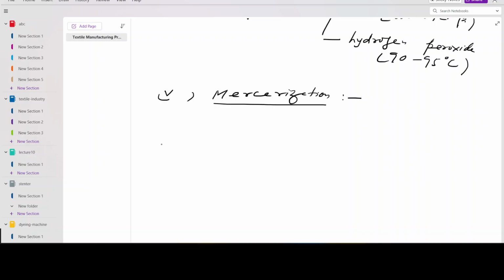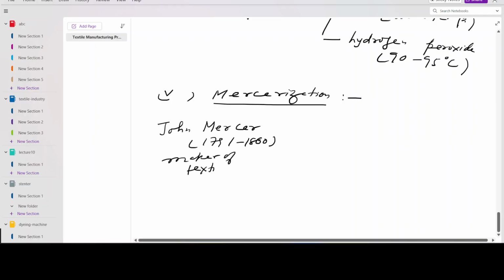This term has come after the name of John Mercer, 1791 to 1860. He was a maker of textiles, and this process has got its name after John Mercer, and is known as mercerization.